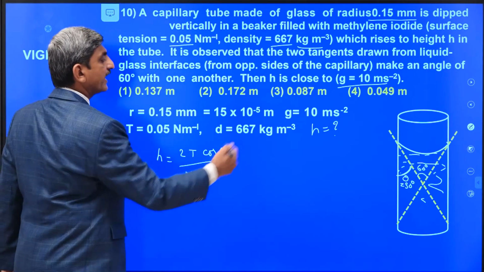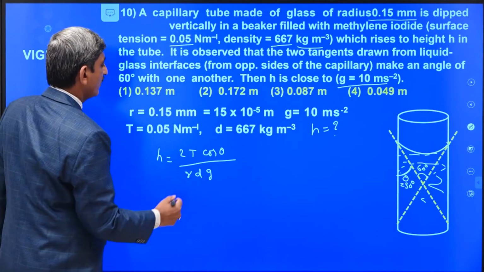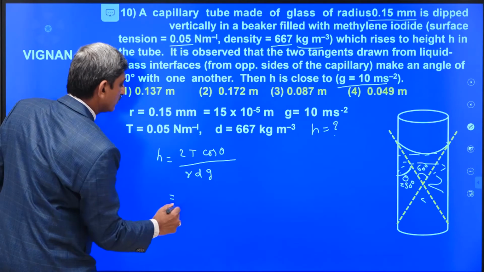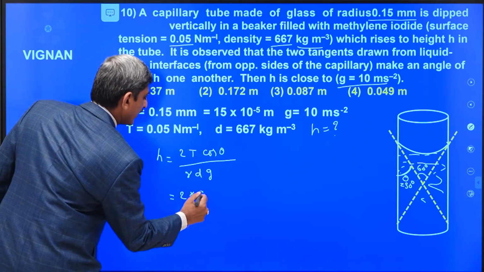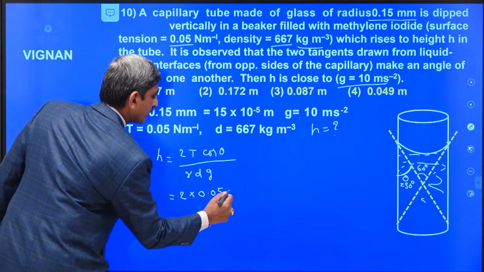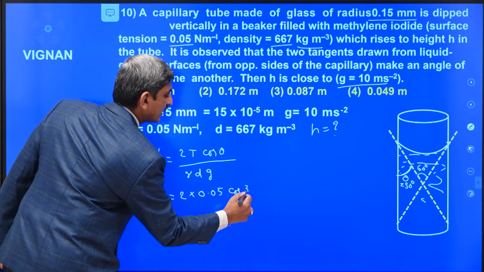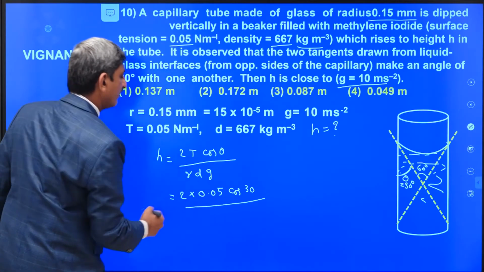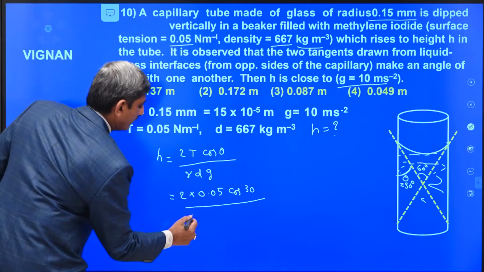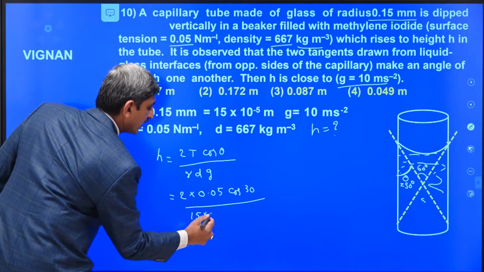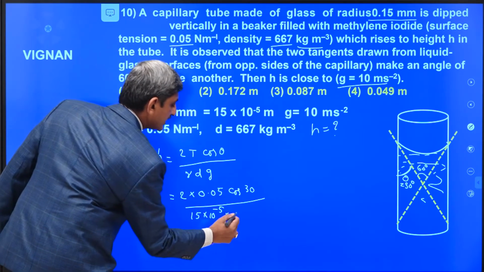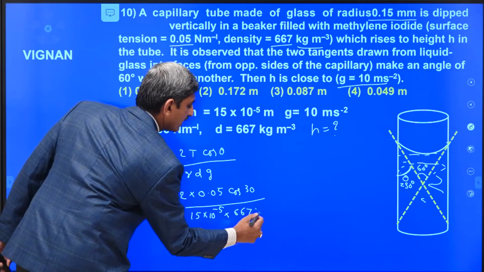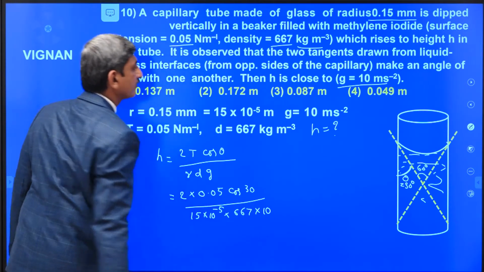So by substituting theta is equal to 30 degrees in this equation, we have h is equal to 2 into 0.05 cos 30 divided by 15 into 10 to the power of minus 5 into density 667 into 10.